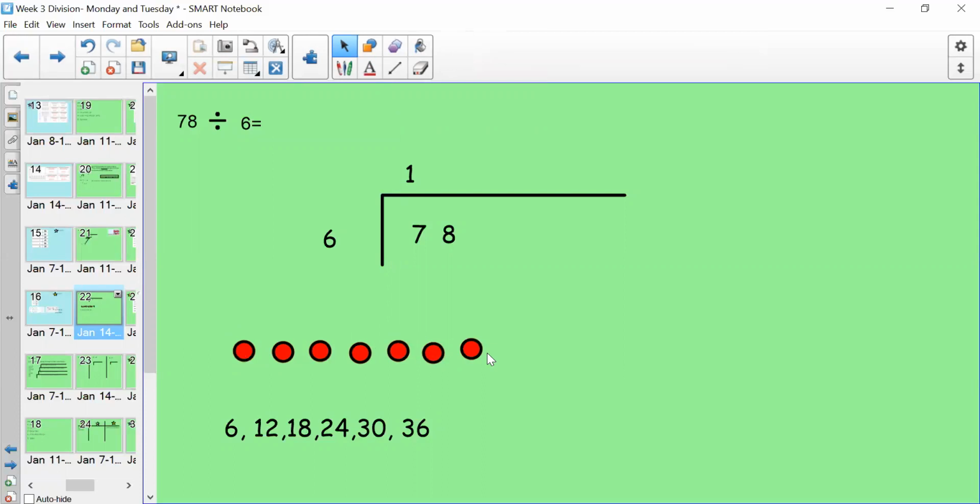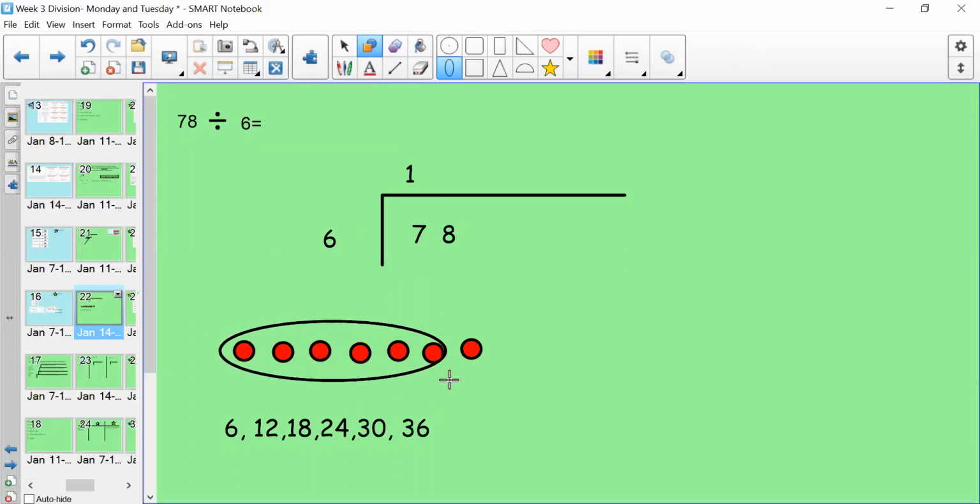So this is always a good way to work it out if you're stuck. So we know that we need to put 6 into the number 7. So then we can circle our 6. Okay, because that's how many times 6 goes into 7, once.